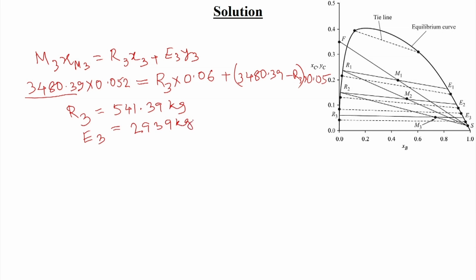Okay. So, now we have x1, y1, x2, y2, x3 and y3, and r1, r2, r3, e1, e2, e3, and also m1, m2 and m3, that is XM1, XM2, XM3.